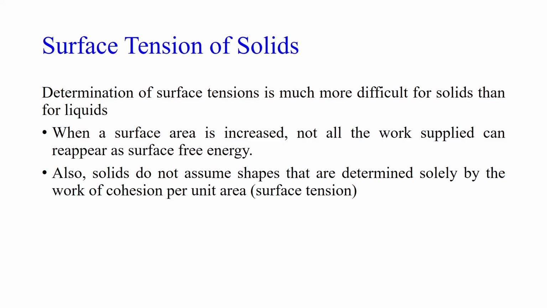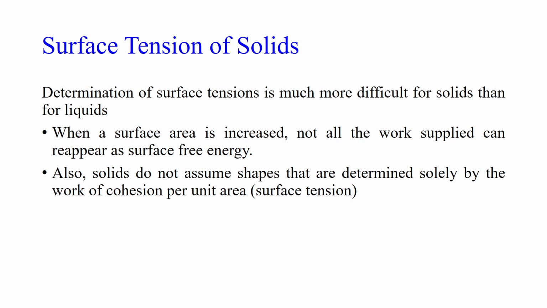So, surface tension of solids. There are two key challenges if you go for the surface tension of solids. The first one is, as you remember, that surface tension is the surface energy or the work done per unit area of the interface.